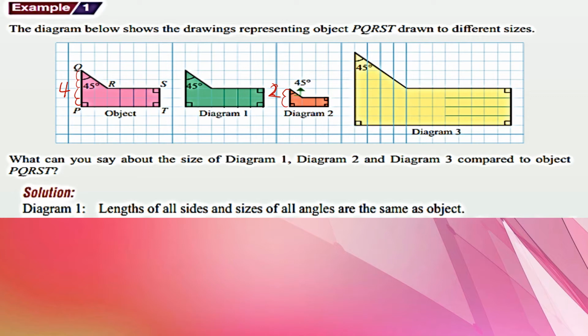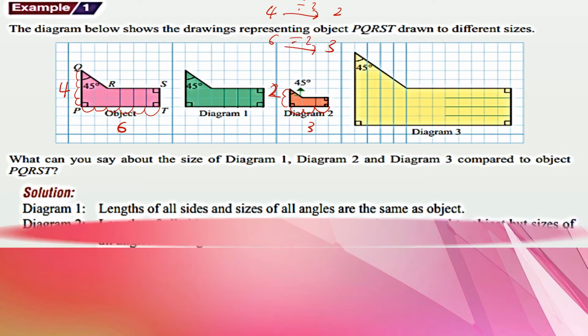The boxes in PT are 1, 2, 3, 4, 5, 6, so 6 boxes. In diagram 2, 1, 2, 3, 3 boxes. So as you can see, diagram 2 is reduced. The length of sides is reduced to a certain proportion, because 4 becomes 2, divide by 2, right? And the 6 becomes 3, also divide by 2, right?